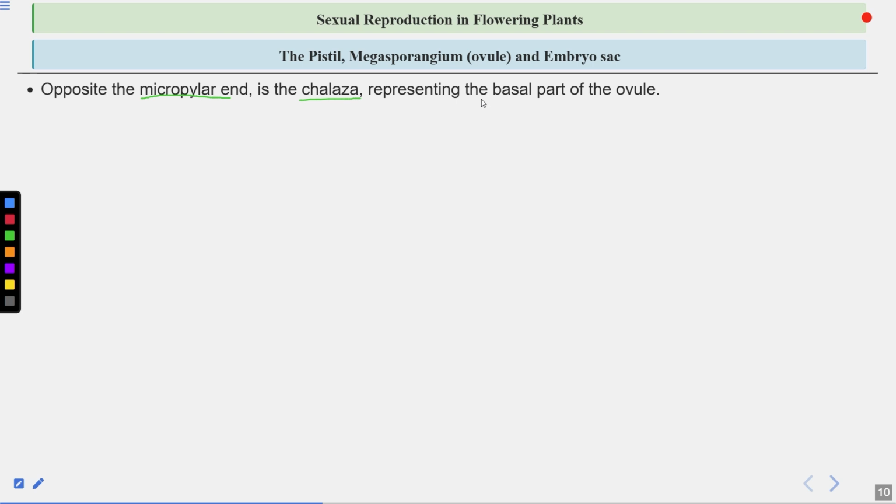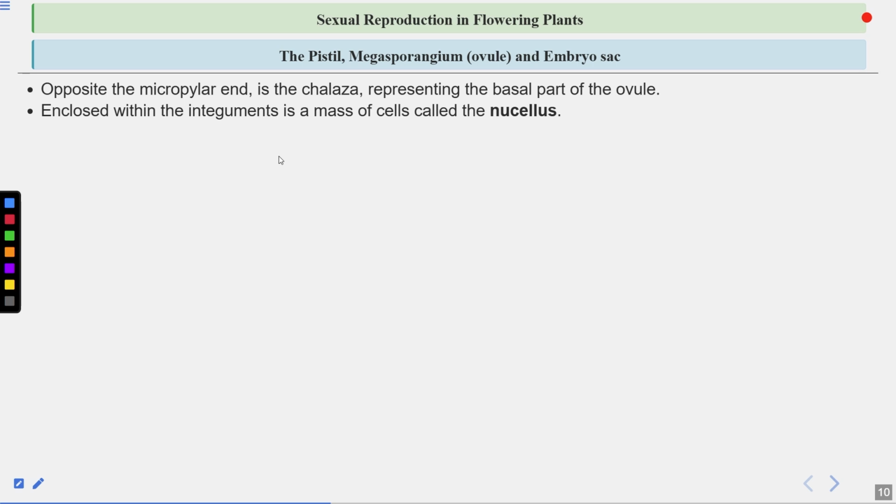It represents the basal part of the ovule, and sometimes in the examination it could be asked: the basal part of the ovule is called micropyle, chalaza, funicle, or nucellus, right? So chalaza is the correct answer. That forms the basal part of the ovule.